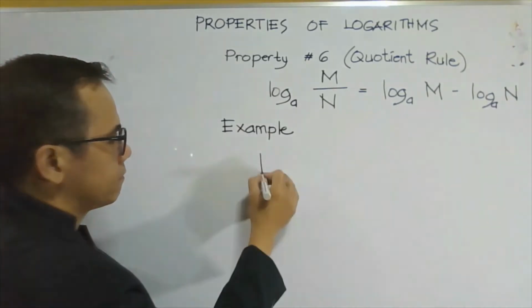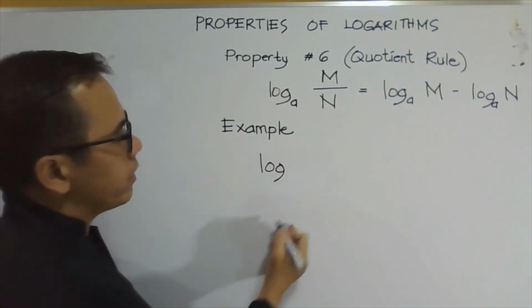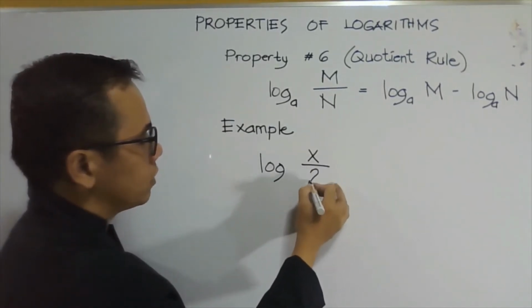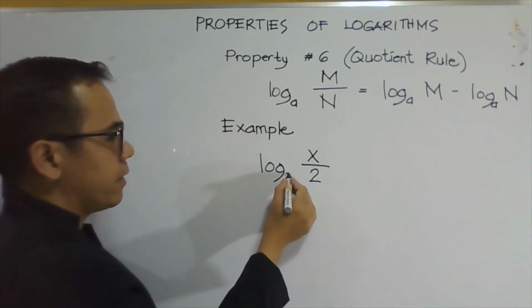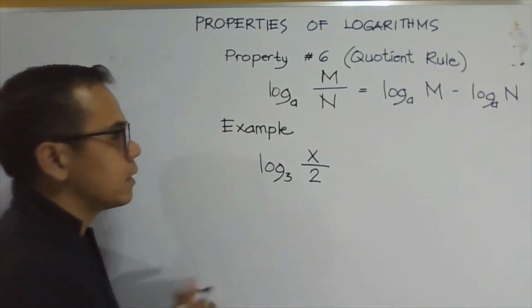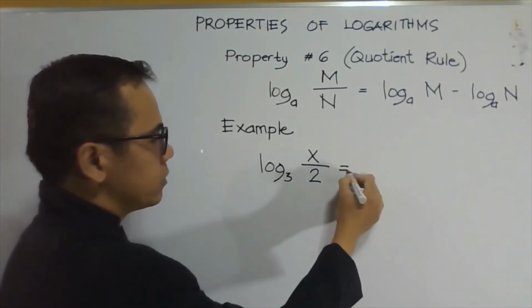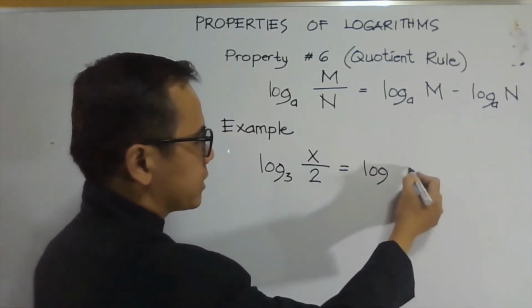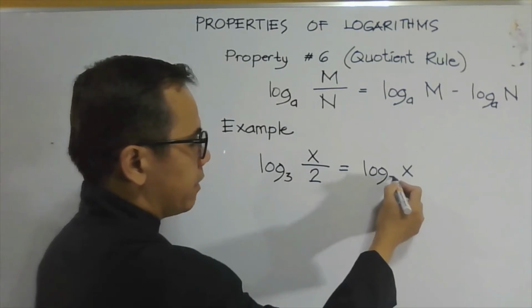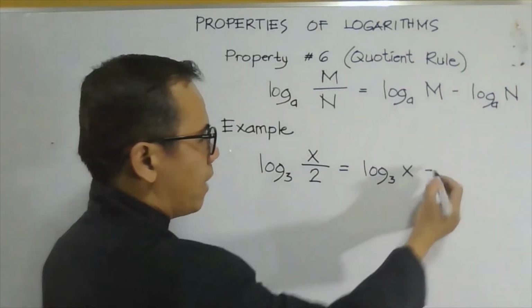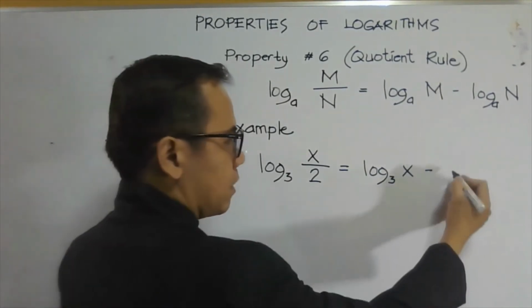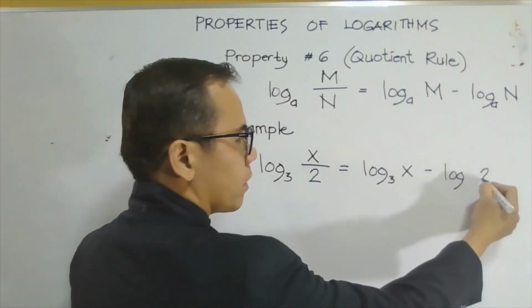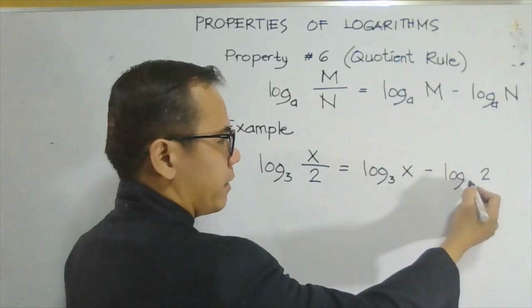A logarithm of x over 2 base 3 is equal to the logarithm of x base 3 minus the log of 2 base 3.